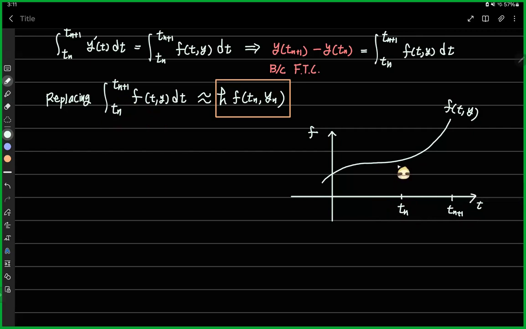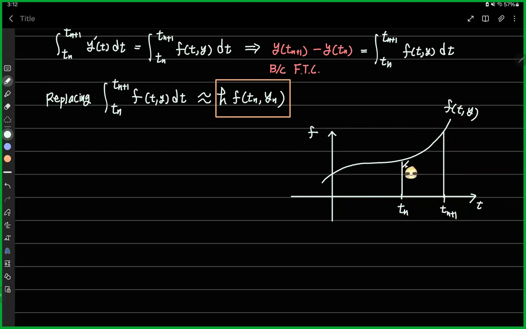That's going to be the area under the graph of f from tn to tn plus one, right? Sorry, let me move tn plus one to the left a little bit. So the graph is like this.